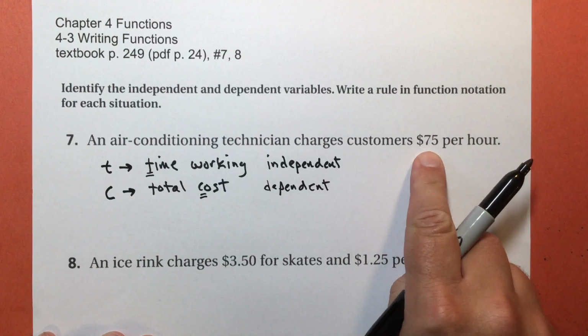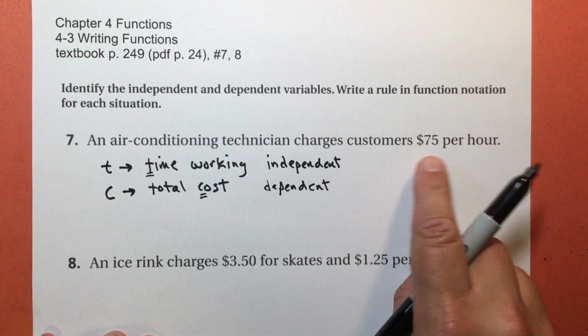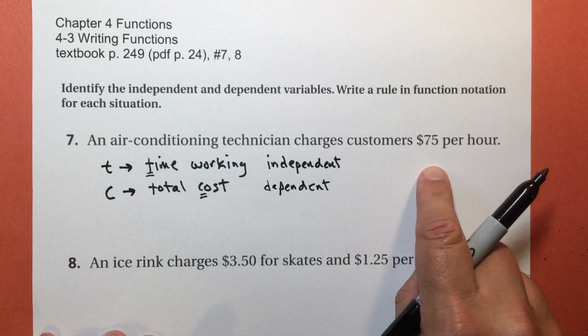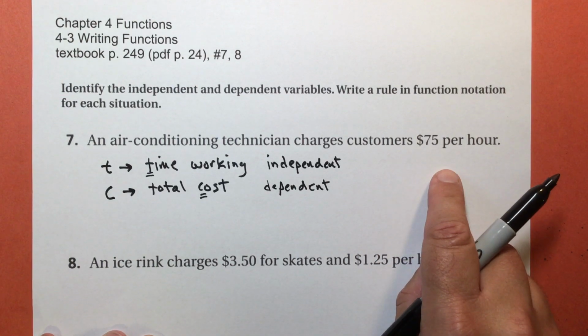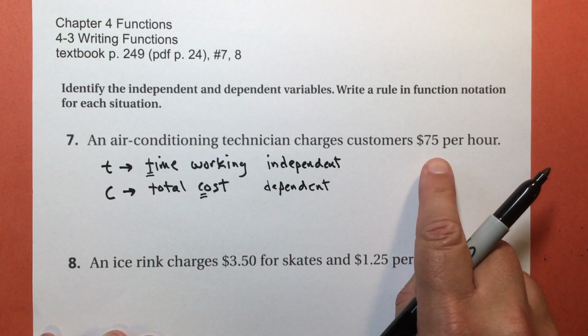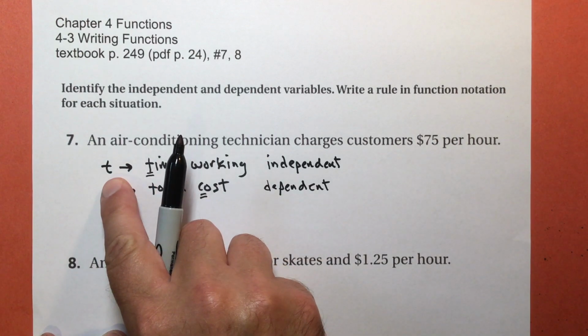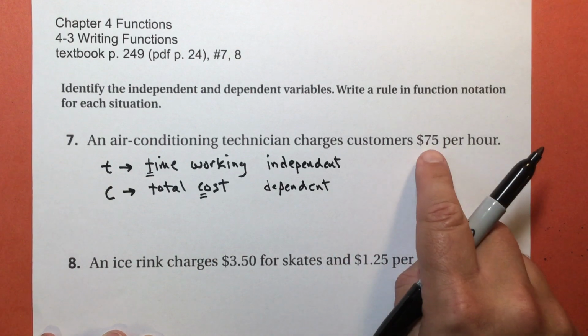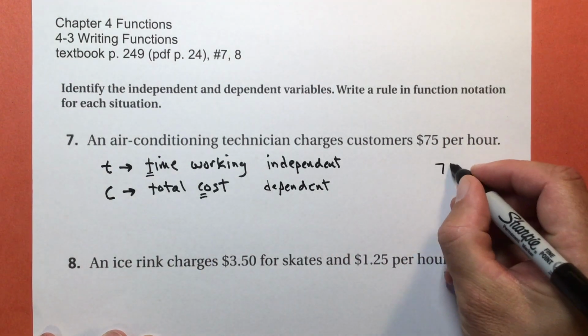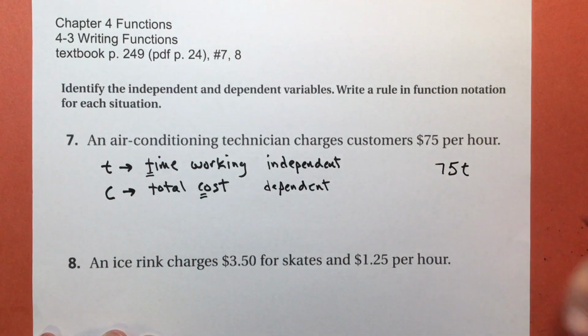After 1 hour, it's going to cost $75. After 2 hours, it's going to be 75 plus 75, which is 75 times 2. After 3 hours, it's going to be 75 times 3. So after t hours, it's going to be 75 times how many hours it is.